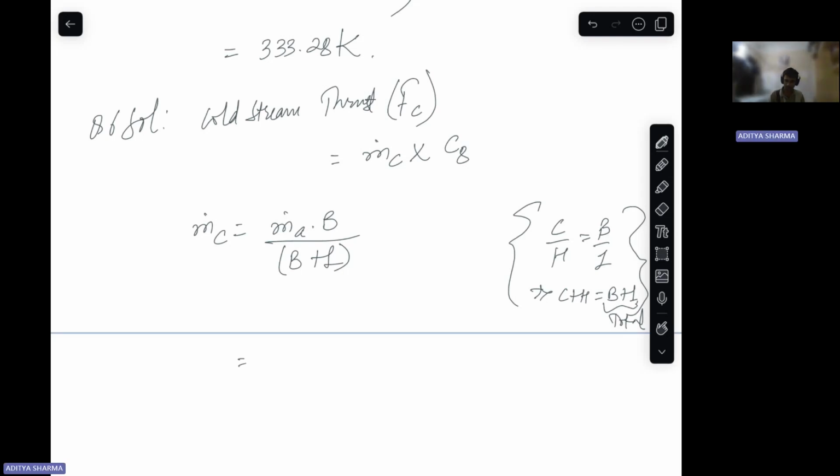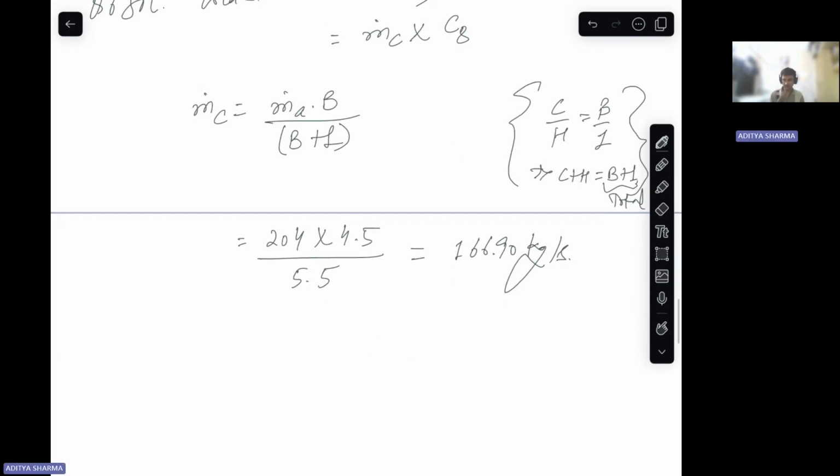So putting values here, m dot A is 204, B is 4.5 divided by 5.5. So if you calculate this, this will come out to be 166.90 kg per second.